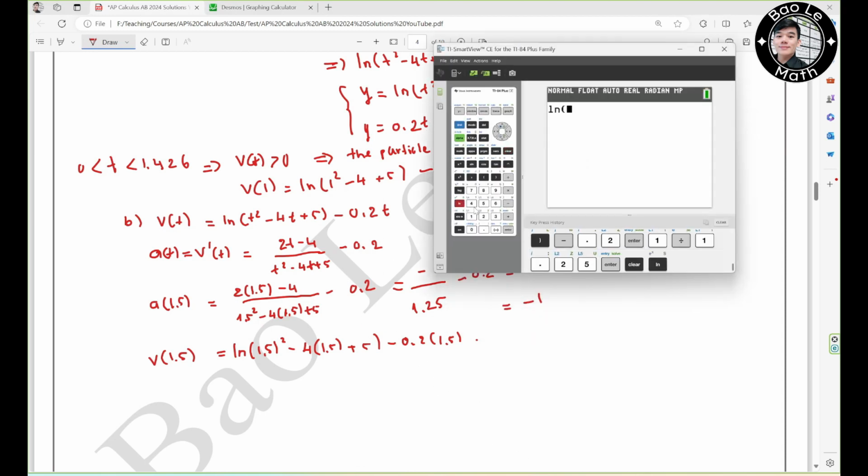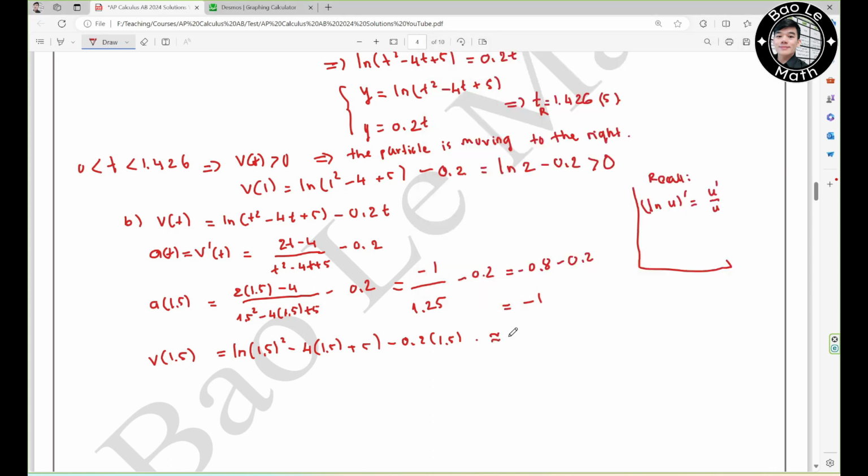Natural log of 1.5 squared is going to be 2.25 minus 1, minus 0.3. So it's going to be negative 0.0769. So approximately negative 0.0769.